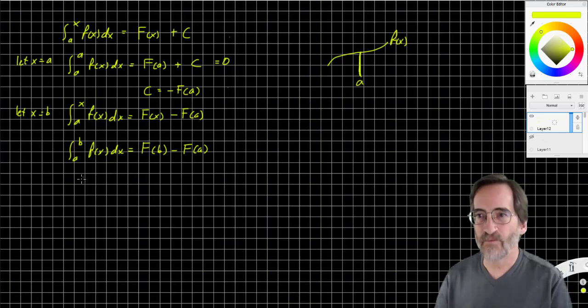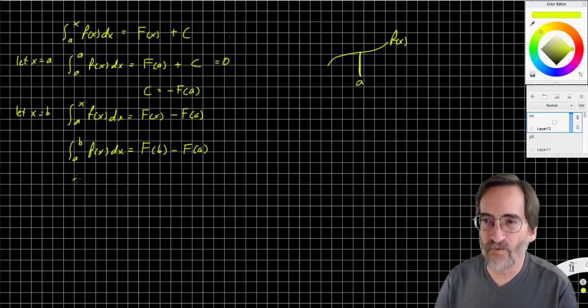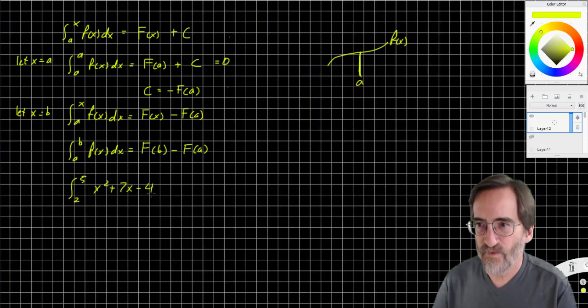Let me give you an example. Let's say I want to find the integral from 2 to 5 of x squared plus 7x minus 4 dx. Then I'm going to find the indefinite integral.